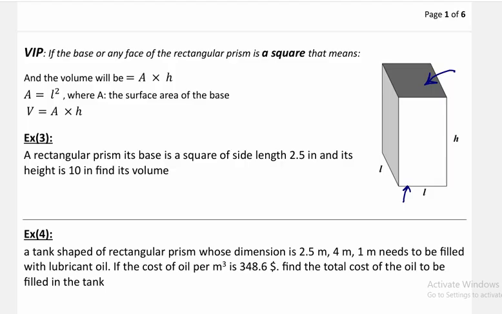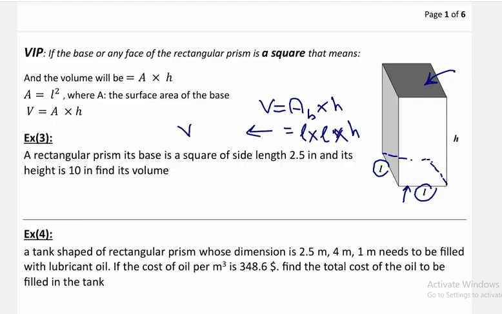Let's choose the face of the base, which is a square, and the length and width are equal, they are L. Now the volume will be again area of the base times height. Area of base is L times L. Then volume will be L squared times H.